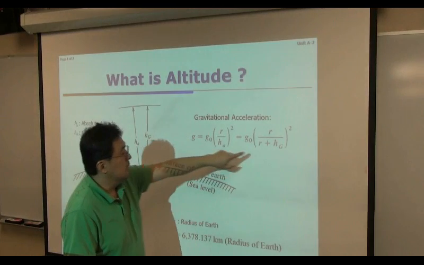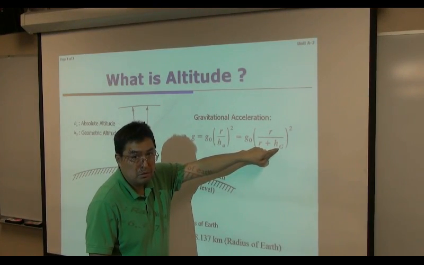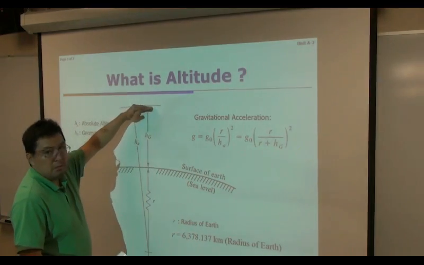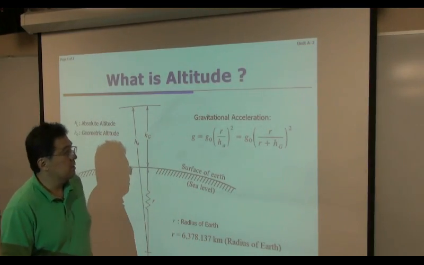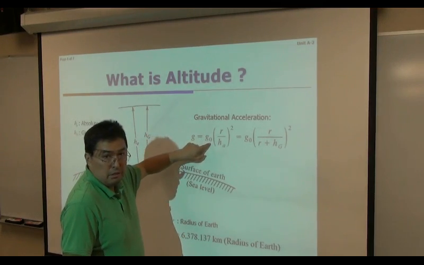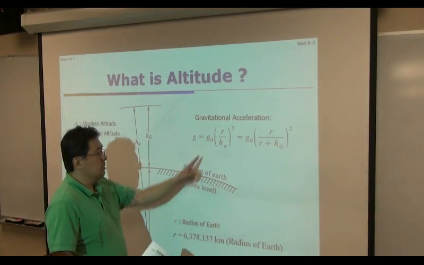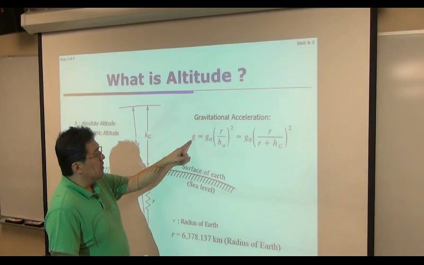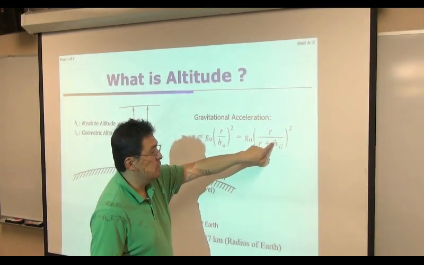This h sub G, like I said, is the geometric altitude measured from sea level to the location of altitude. This r is the radius of Earth. This g0 is the gravitational acceleration measured at sea level. So this is a standard sea level value. So gravity is no longer the standard sea level value as you increase this h sub G.